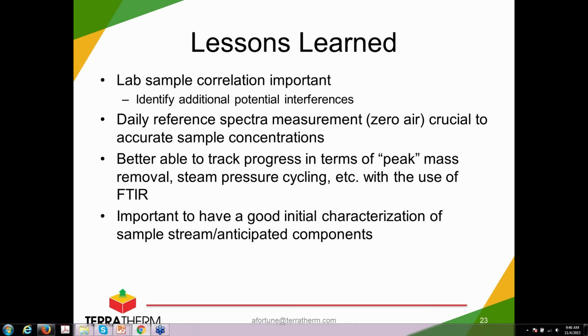So for instance, if there were multiple zones throughout the treatment area, we could monitor manifold legs from each of those.